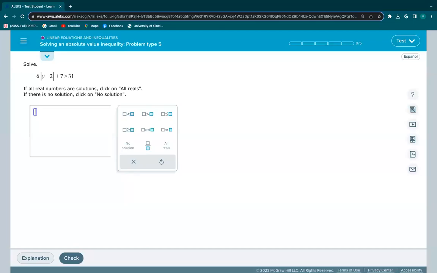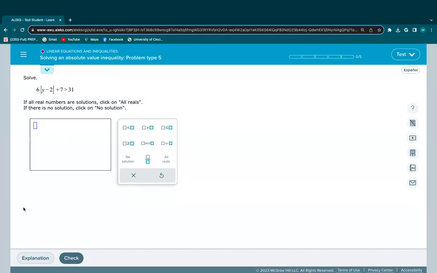All right, so solving an absolute value inequality, problem type 5. What we need to do with these ones is we have some general steps. The things that we have to remember is absolute value.